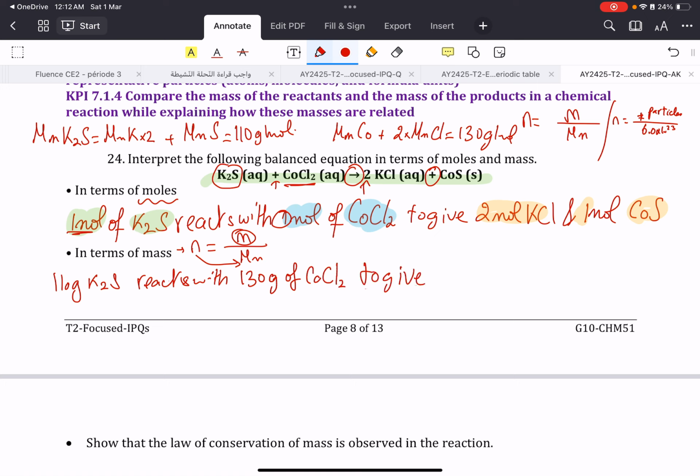I copy the sentence to give now 2 moles of KCl. So I'm going to multiply the 2 by the molar mass of KCl.